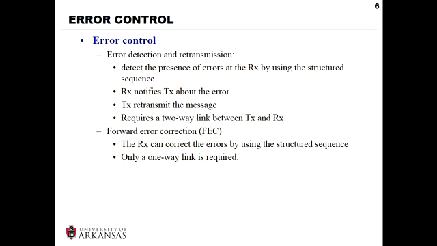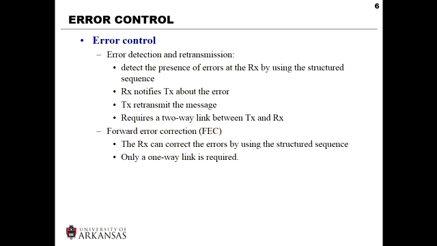This is called forward error correction, FEC. In practical communication systems, these two different types of error control schemes are usually used together. At the lower level, we use forward error correction, and we try to correct as many bits of errors as we can. And then on top of that, usually we have the error detection and retransmission.